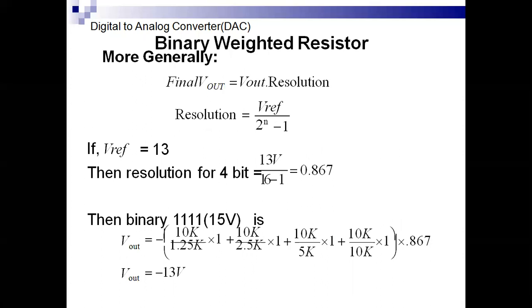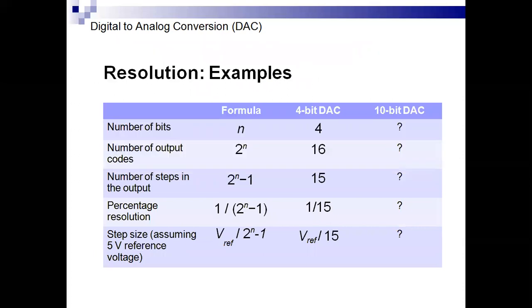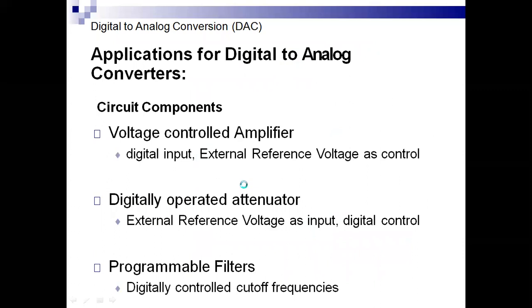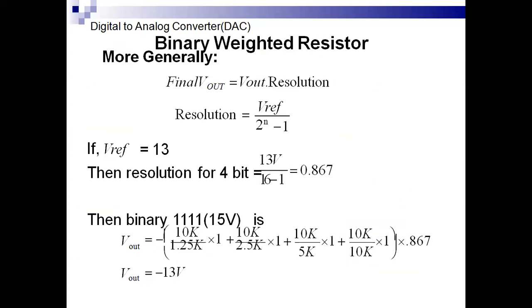If VREF equal to 13, and resolution for 4-bit equal to 16 minus 1. For 4-bit resolution, the equation is 2 raised to n minus 1, and we are getting it from here. 4-bit means a total of 16, that is 2 raised to n minus 1. That is the resolution for voltage. So 13 volt upon 16 minus 1, so the output will be 0.867.